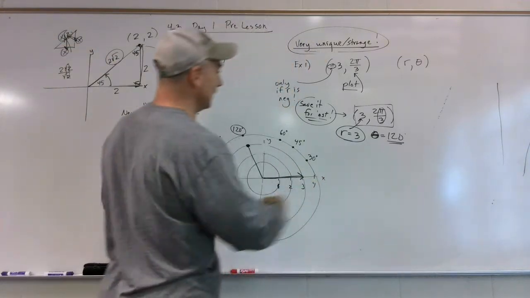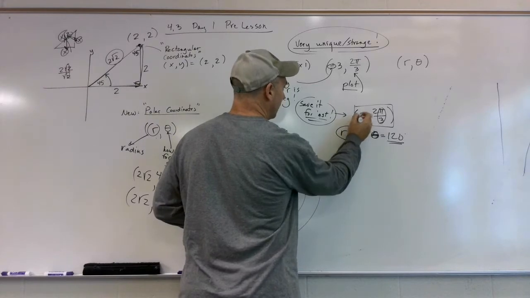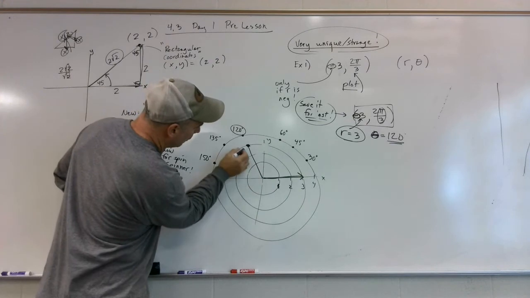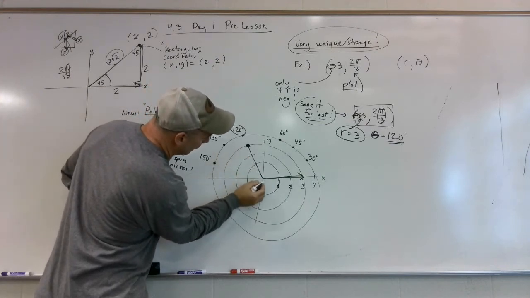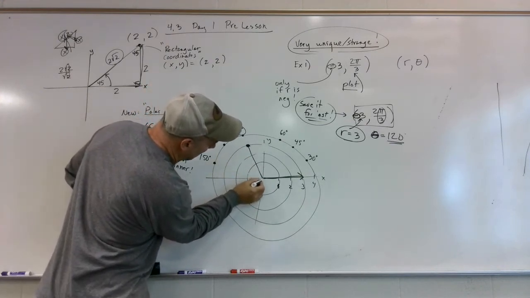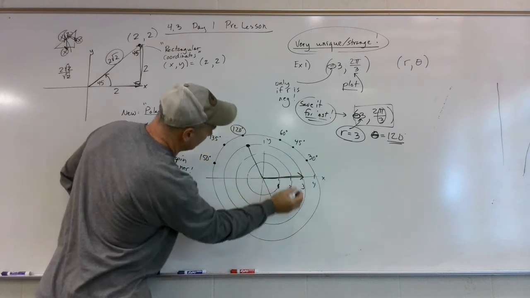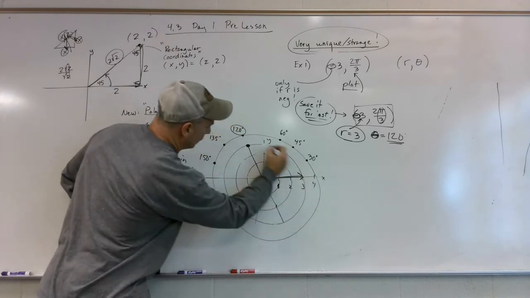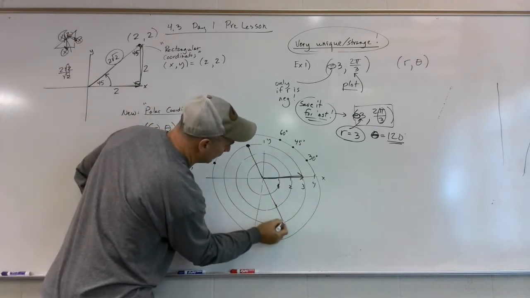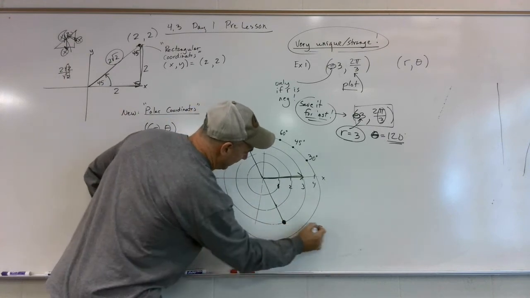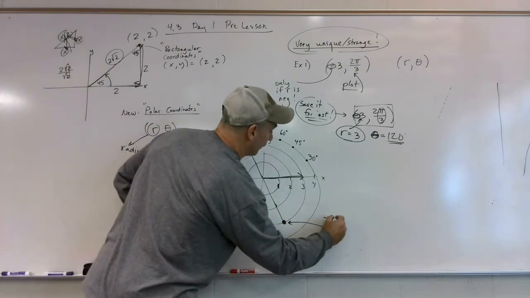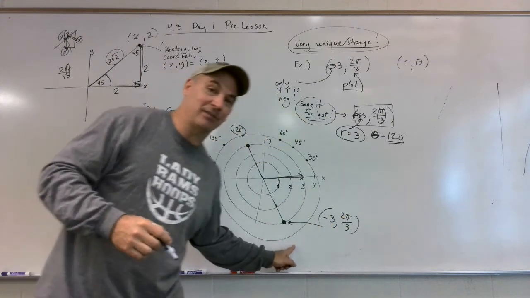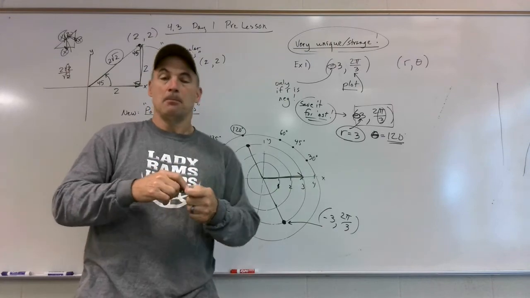Which means the last thing you have to do is honor this. And that negative means you need to go completely opposite, right along this. Think of it as the circle's diameter. See this circle right here with radius 3? And you go right over here, and that is the final answer, believe it or not, for -3, 2 pi over 3. Now this little concept's going to mess with you a little bit, but you'll get used to it.